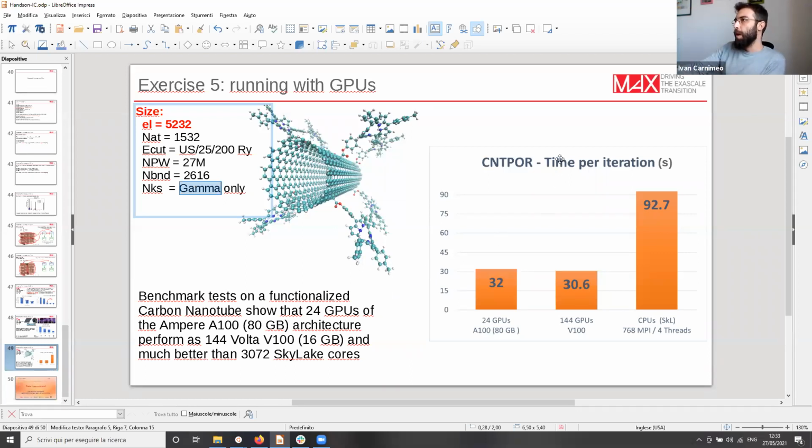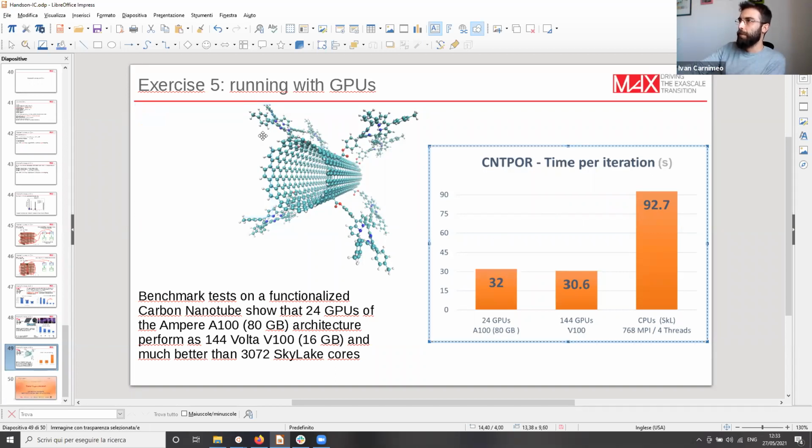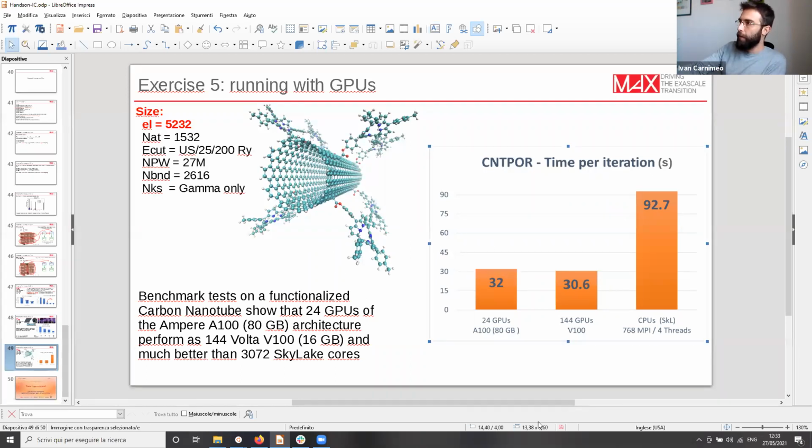One SCF iteration on this giant molecule, from our benchmark test cases, took 90 seconds, run on more than 3,000 cores.